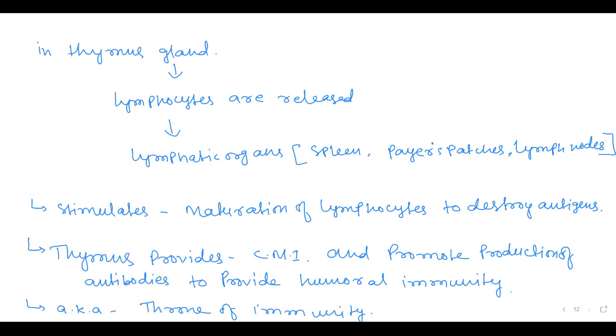Or we can say the training school of lymphocytes, basically T lymphocytes. जहाँ पर मैचुरेशन होता है और ट्रेनिंग मिलती है, जैसे आर्मी की ट्रेनिंग होती है और पुलिस फोर्स की ट्रेनिंग होती है और आईपीएस वगैरह की ट्रेनिंग होती है, ट्रेनिंग स्कूल ऑफ T lymphocytes. This was basically the thymus gland.